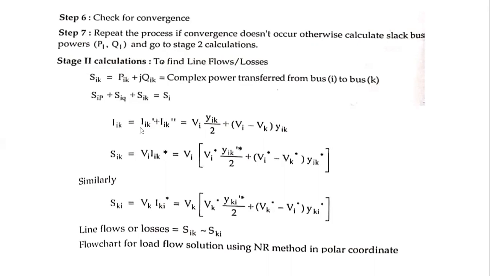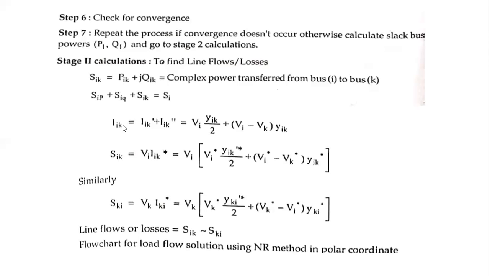Then IIK equals IIK dash plus IIK double dash. Substitute those values: VI YIK by 2 plus VI minus VK into YIK. This is the IIK double dash. Then power is equal to voltage into current, therefore SIK equals VI into IIK conjugate.